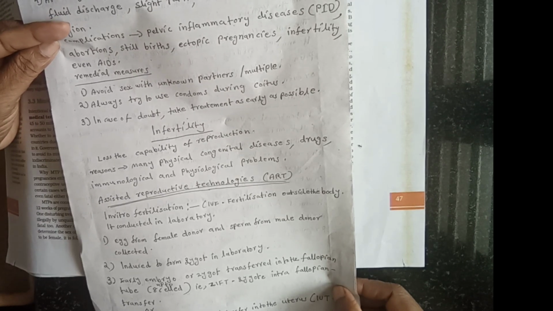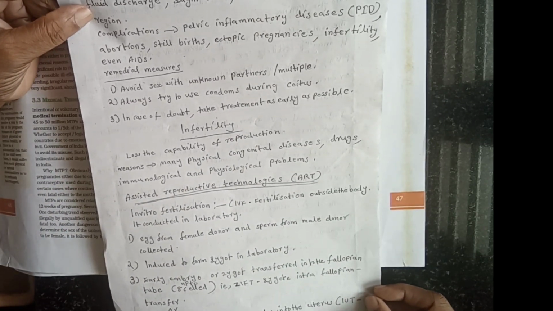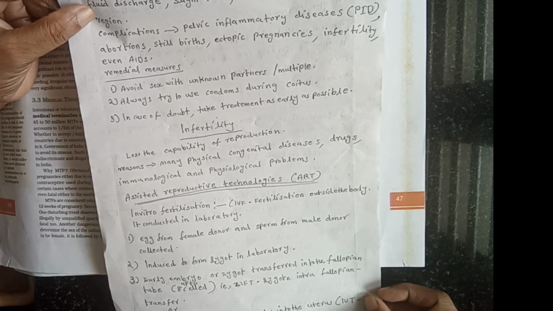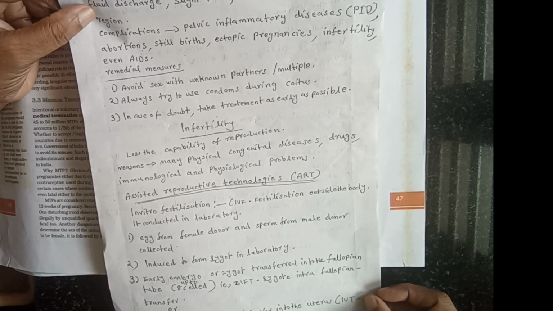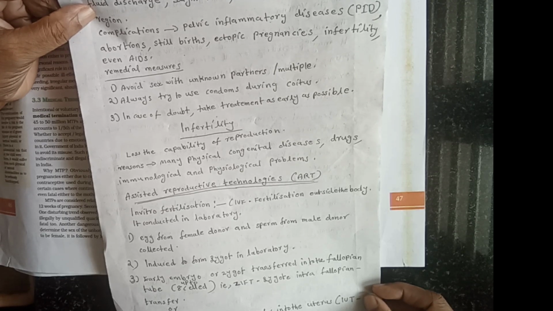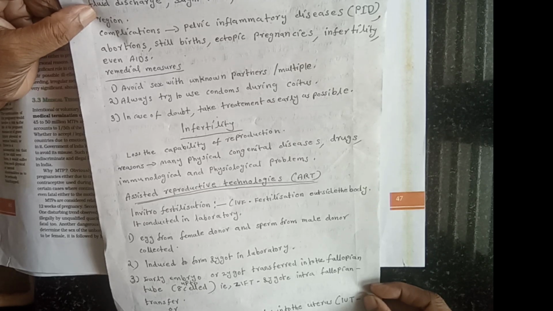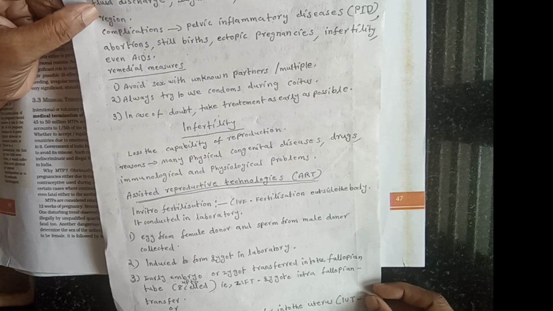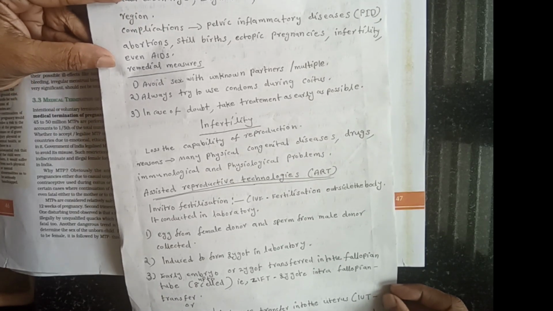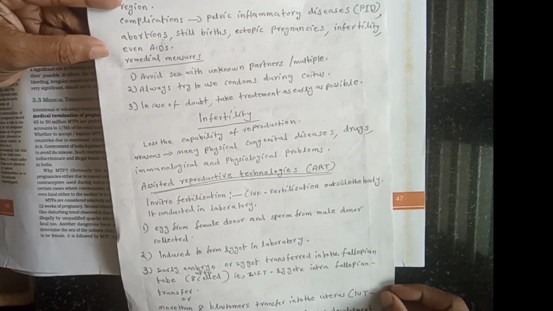Sometimes it occurs between 1 month to 6 or 7 months without complete development. Ectopic pregnancy means the development of embryo and fetus in the fallopian tube other than the uterus. Infertility, even AIDS, are the complications of such harmful diseases.